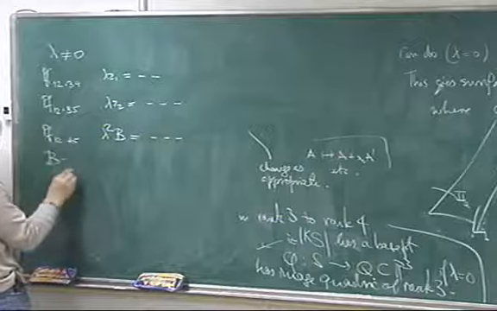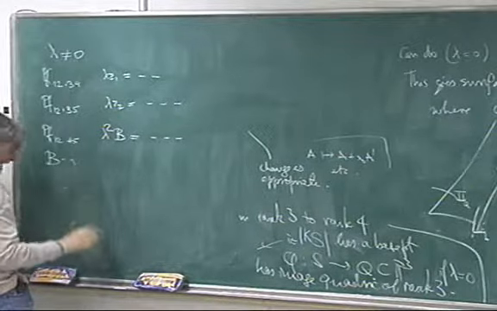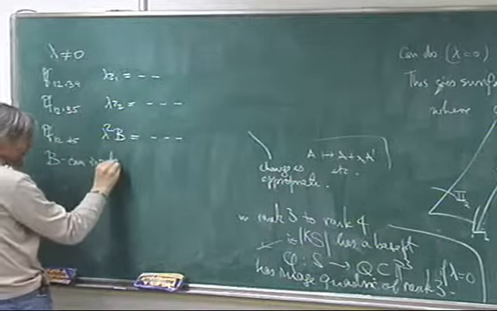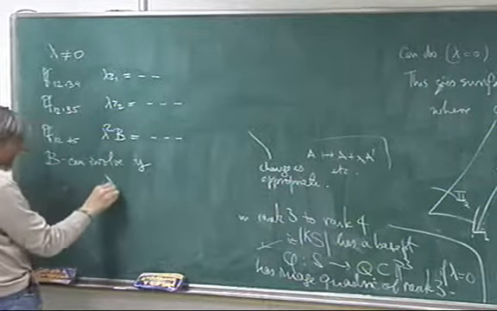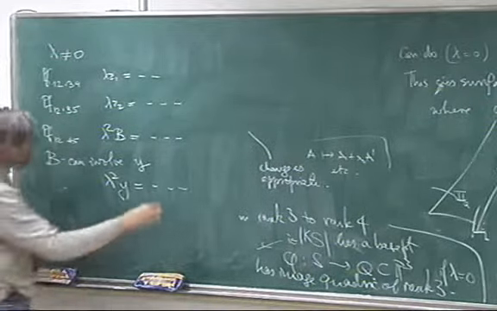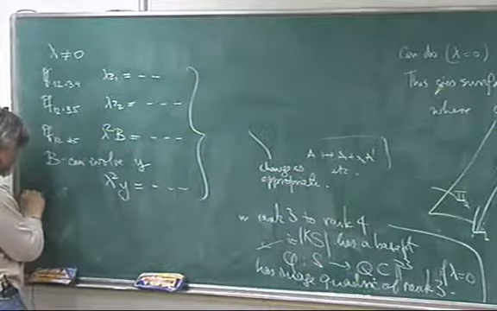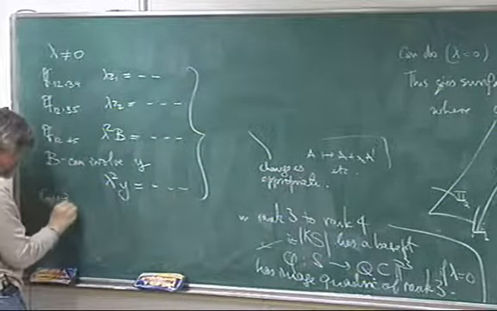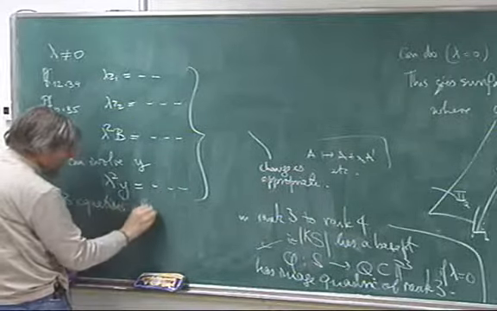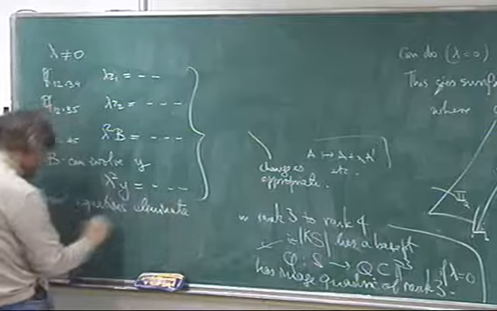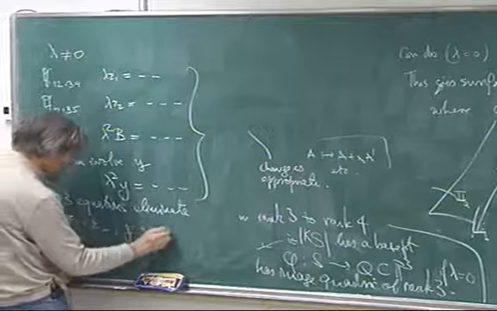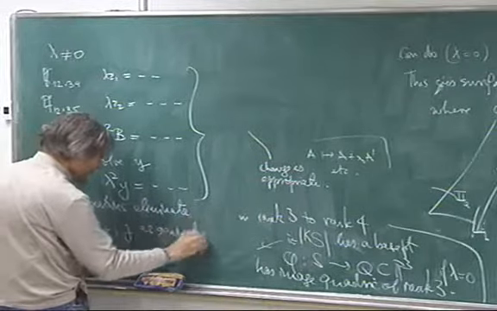And B can involve y. So then this looks like lambda squared y equals some other terms. Right? So these three equations eliminate z1, z2, and y as generators of the ring.